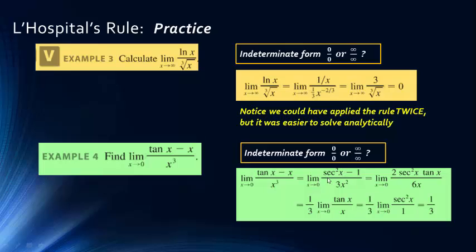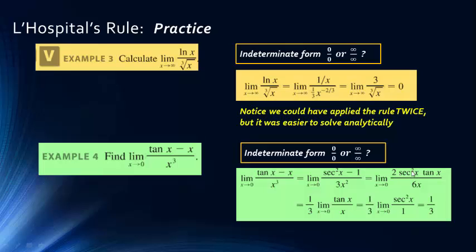We have an indeterminate form of 0 over 0 still, so we apply L'Hopital's rule again. The derivative of secant squared, this is a chain rule, right? So 2 times secant x. It should be secant x, it shouldn't be secant squared x because we would drop the exponent.